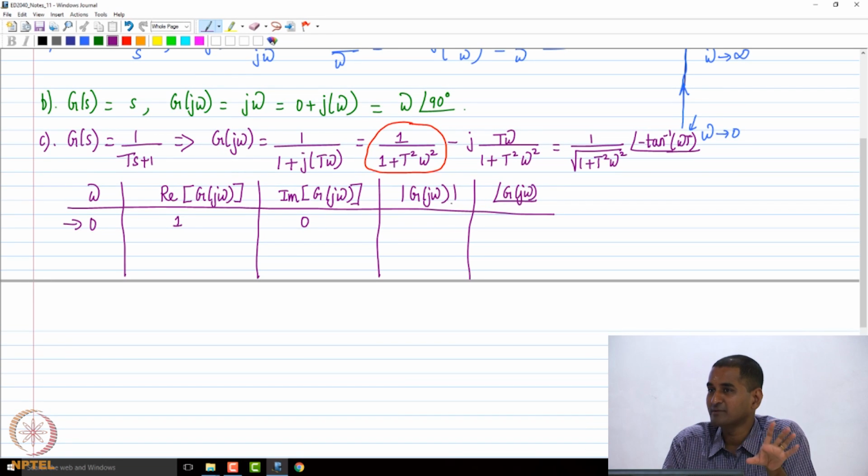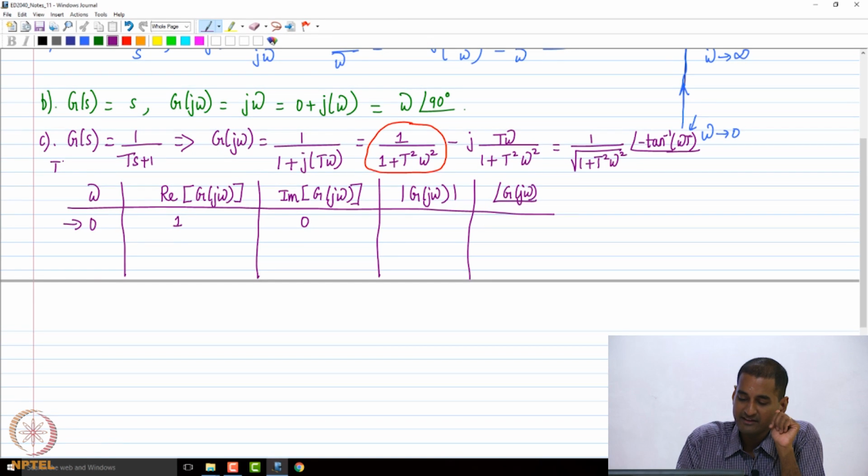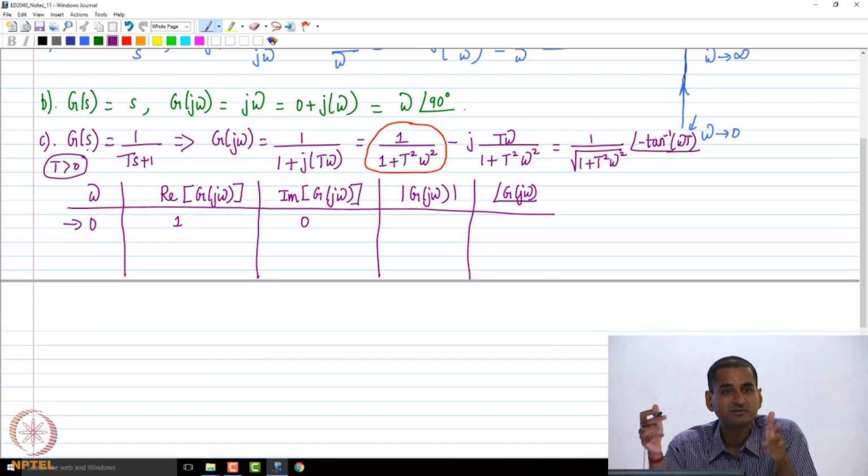So in the complex plane, in which quadrant is this Nyquist plot going to lie? You can see that for all ω between 0 and infinity, because capital T we take to be greater than 0 for this discussion, the real part is always non-negative and the imaginary part is always non-positive.